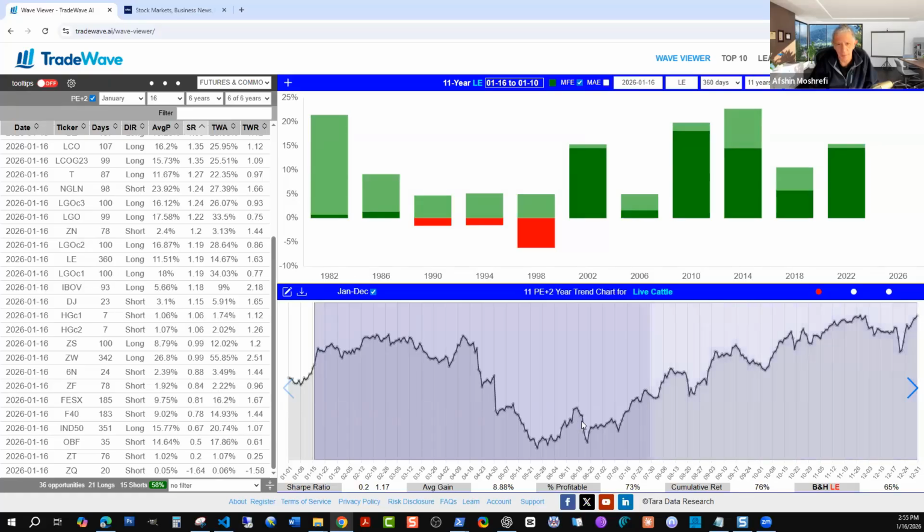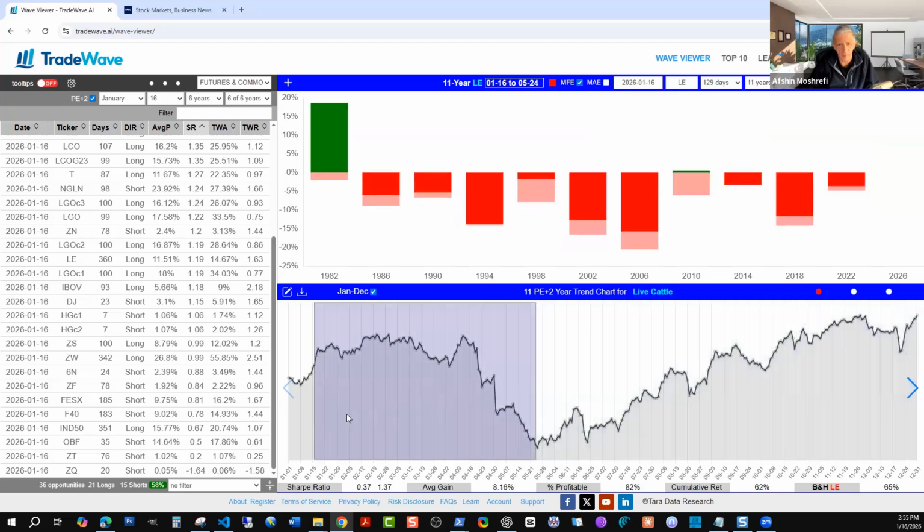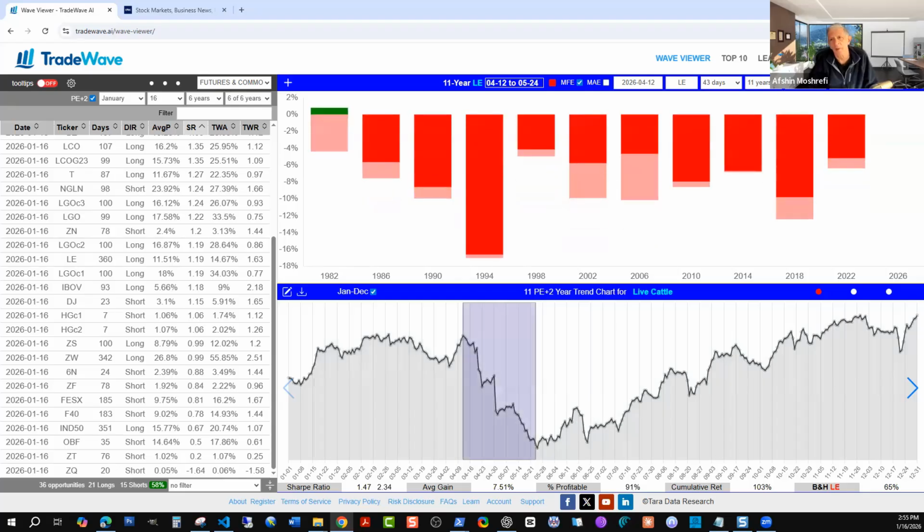For this period, look at that. Here is a live cattle that's going to be bearish from the 12th of April until 24th of May, maybe 25th.